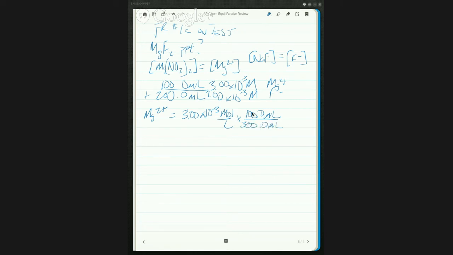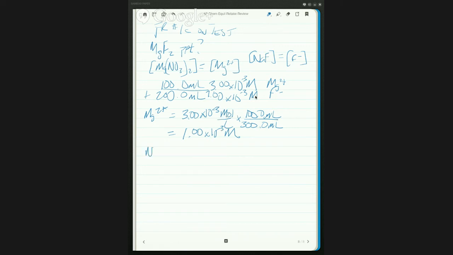Technically we should make it in liters, but the milliliters are going to cancel out, so it doesn't matter. So basically we're taking this amount and multiplying it times 1/3, okay? So that's equal to 1/3, isn't that just 1? Yeah, 1.00 times 10 to the negative third molarity, okay? So that is the concentration of the Mg2+ once they're mixed together.